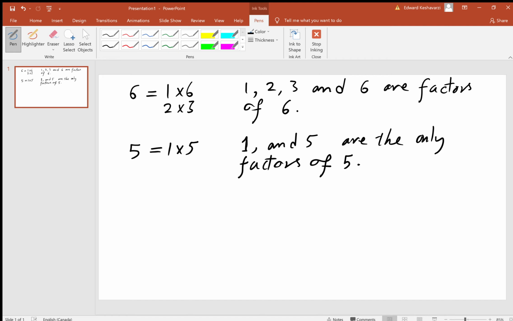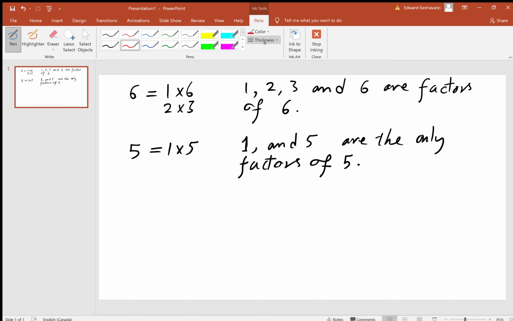All numbers like 6 that have 3 factors or more are called composite numbers. All numbers like 5 that have exactly 2 factors are called prime numbers.